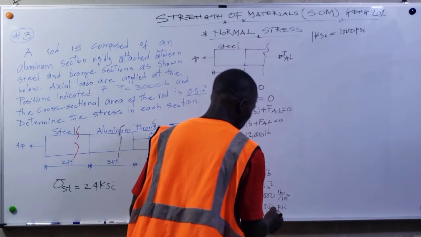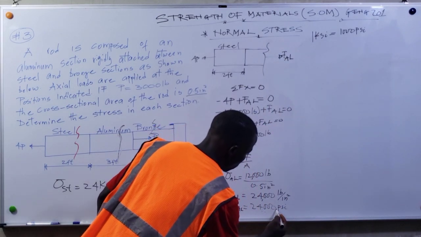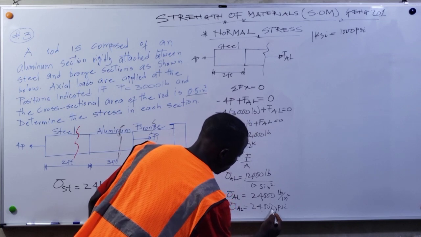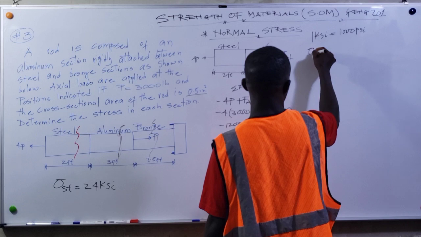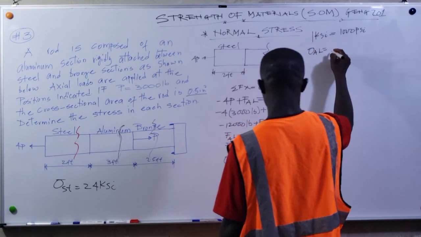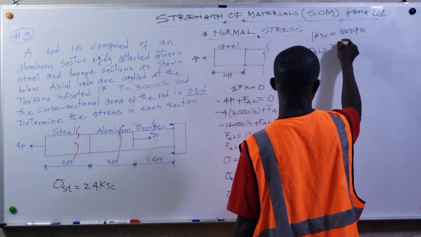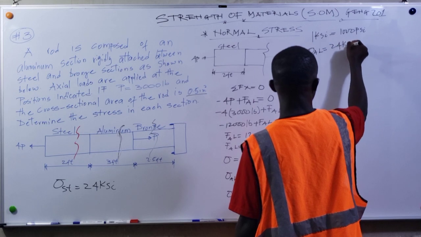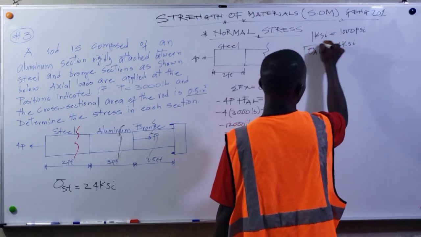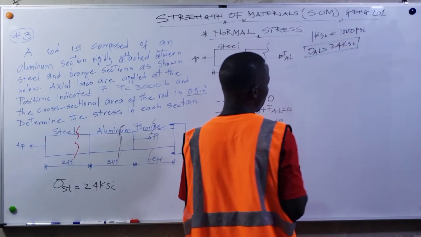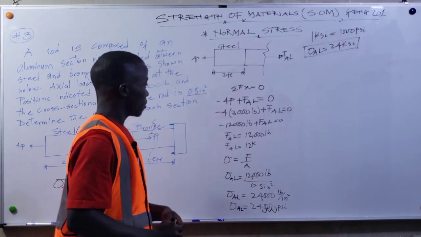So if we do that, we take our decimal point 3 places to the left, 1, 2, 3. So the stress within the aluminium section will be equal to 24 ksi, which is kilopound per square inch. So this is the stress within the aluminium section.